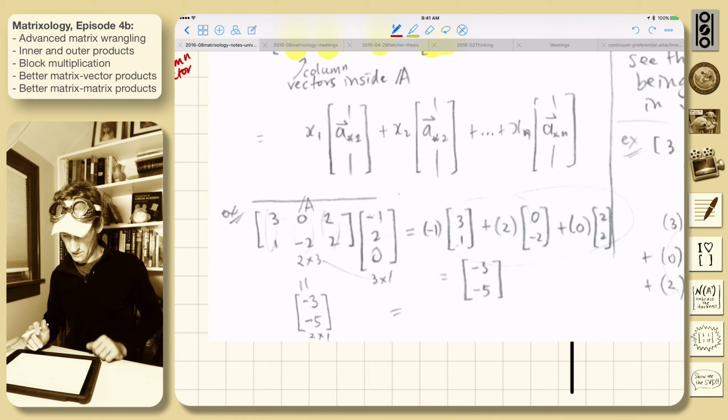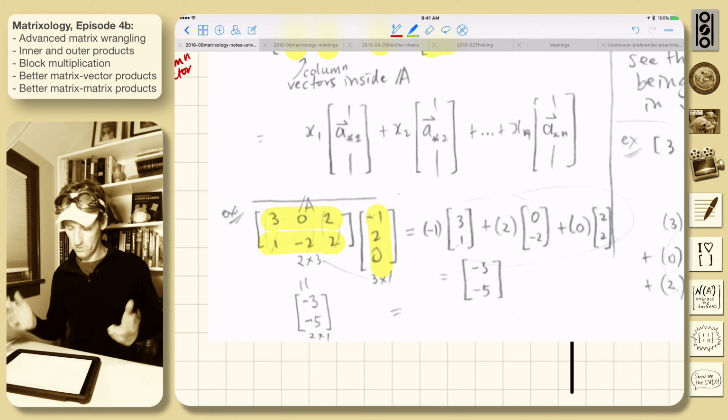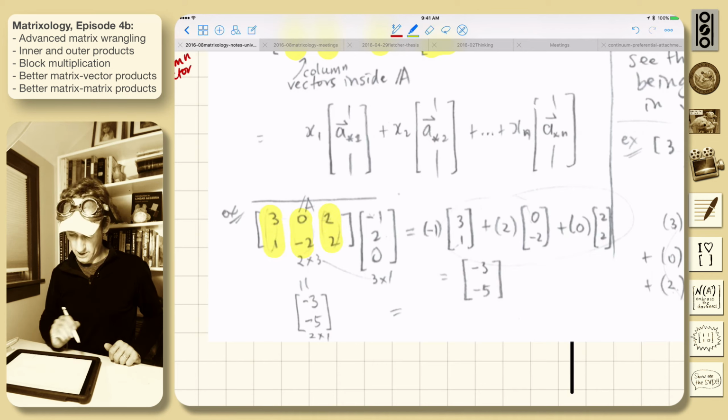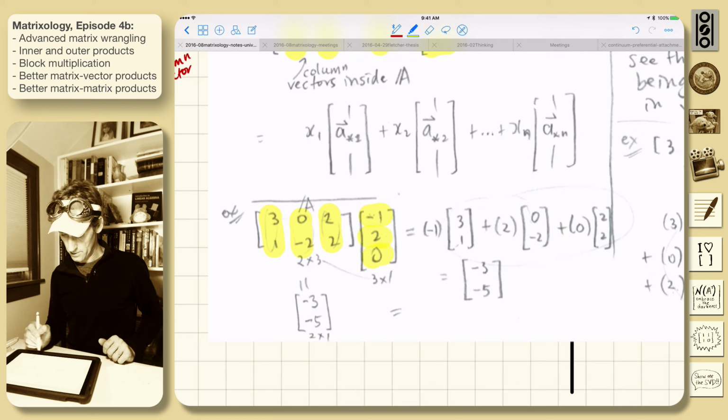So the example that we've been working on, just taking part of its structure. Normally we could just do these two dot products. But actually, it's better to break this into these three entries, three objects, and then again here. So we're going to end up with the -1 here times this column, and then 2 times 0, -2, and then 0 times 2, 2.